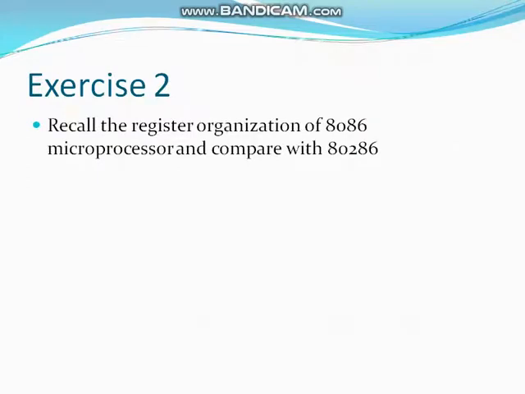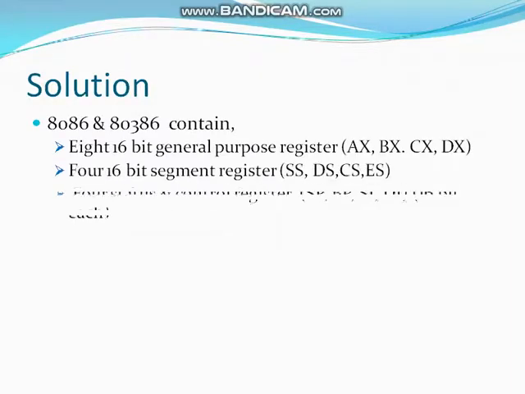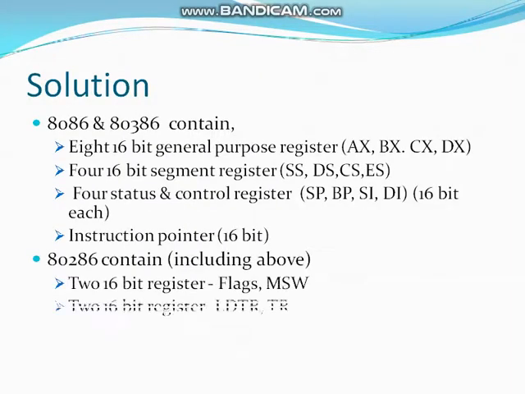Second exercise. Recall the register organization of the 8086 microprocessor and compare it with the 286. Here is the solution. The 80286 and 8086 have the same registers, which are shown here, but apart from that there are different registers, that is the MSW, LDTR and TR.